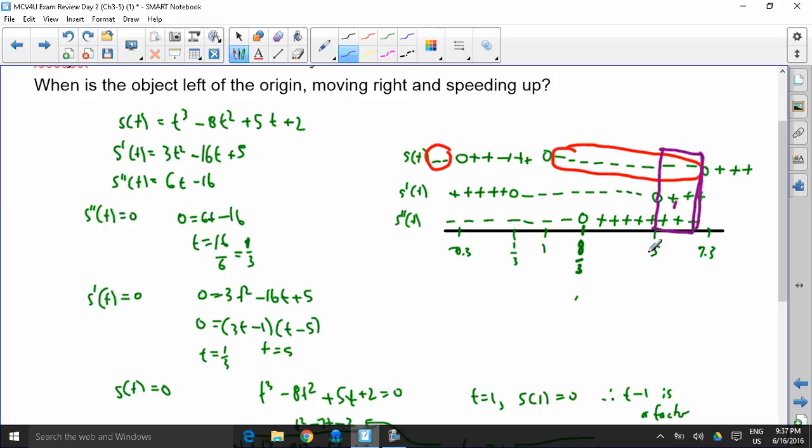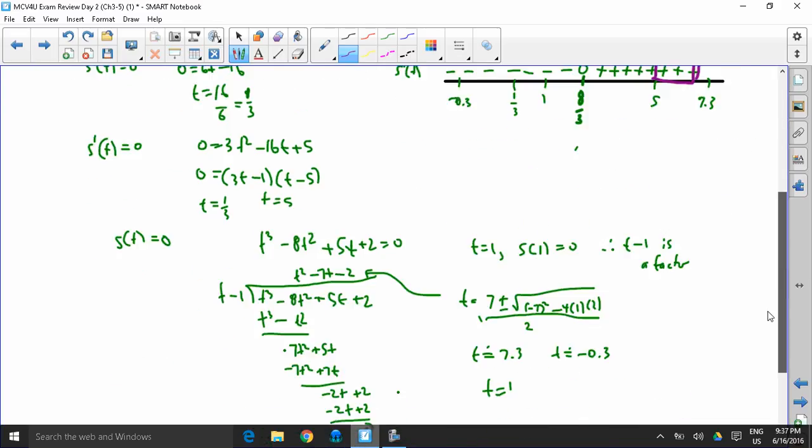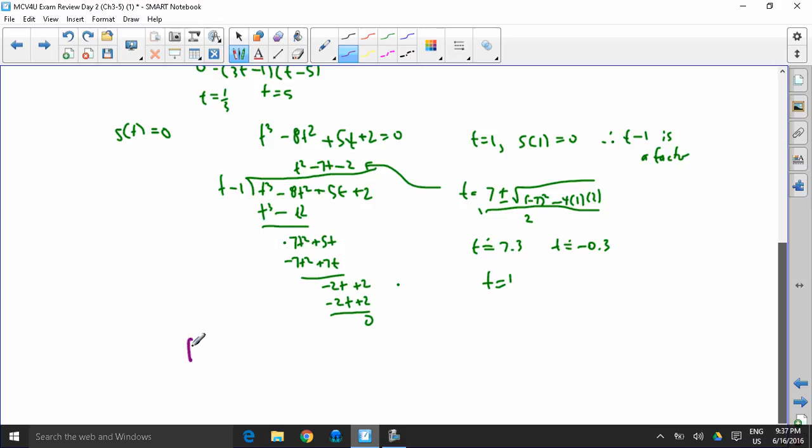That's when it was left of the origin, moving right, and speeding up because it was also being pulled right. So it met the criteria between 5.3 seconds and 7 seconds.